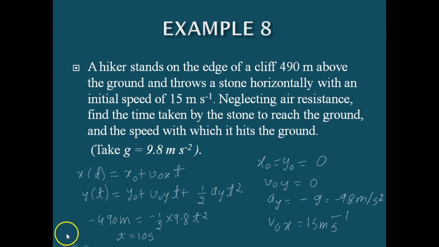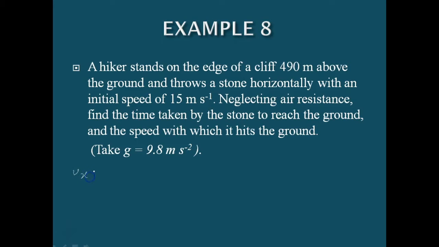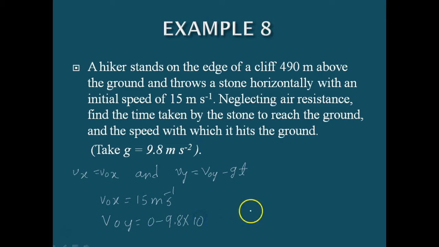Okay. So the velocity components are Vx is equal to V naught x and Vy is equal to V naught y minus gt. Okay. So that when the stone hits the ground, V naught x is 15 meter per second and Vy is given by minus 98 meter per second.